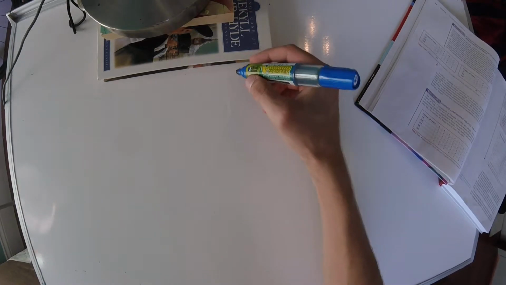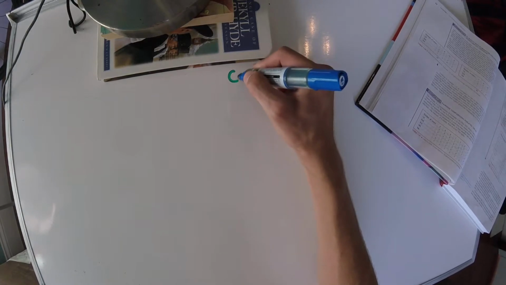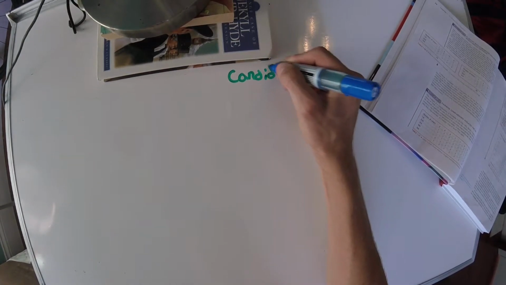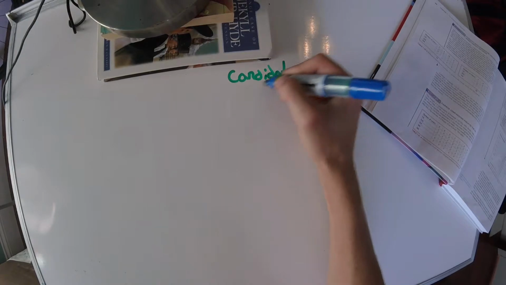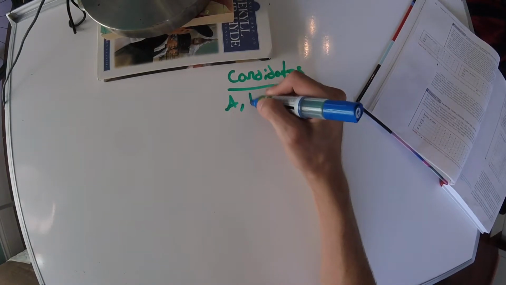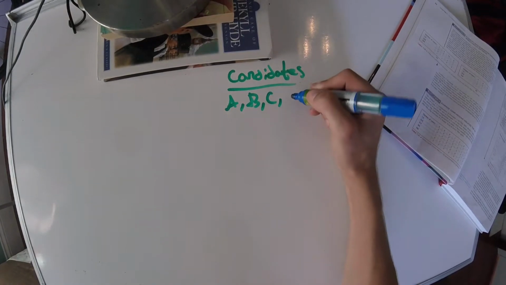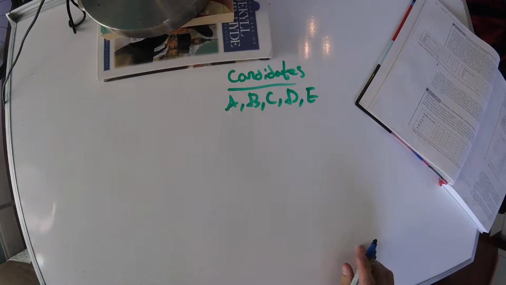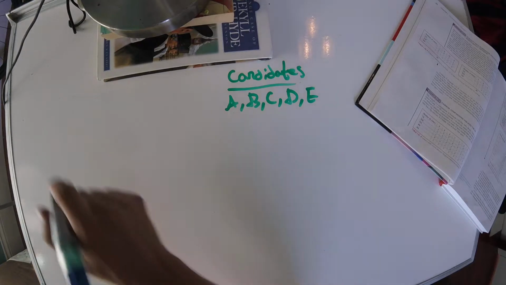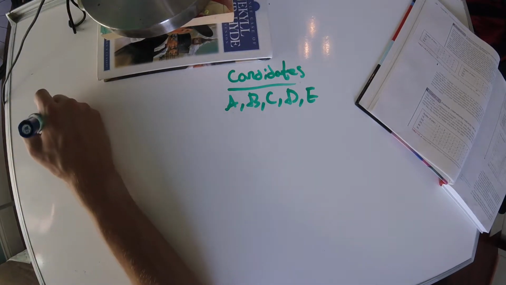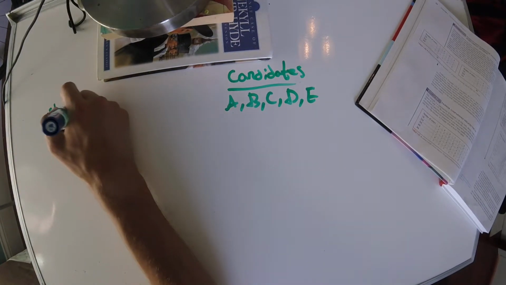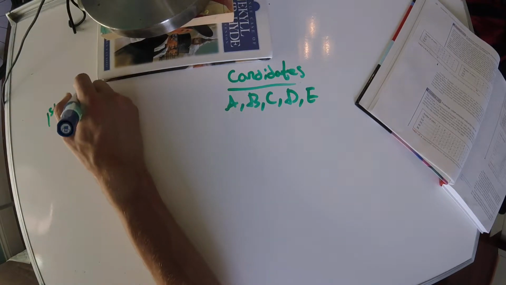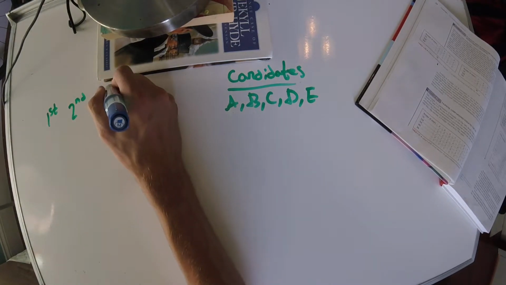Let's say we have this pool of candidates. Let's say our candidates are A, B, C, D, and E. And I'll set up a table kind of like the one we had in class, where we'll have first and then second and third.